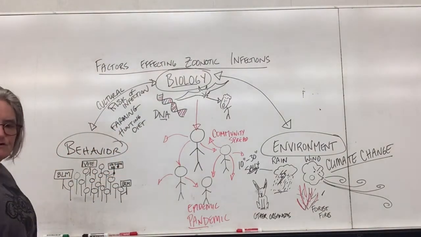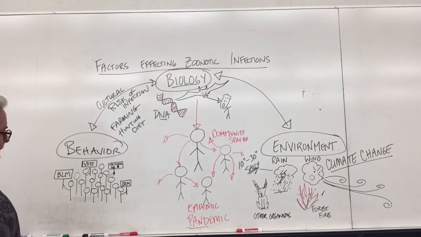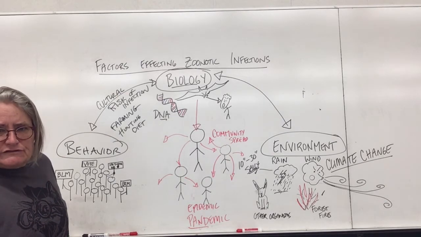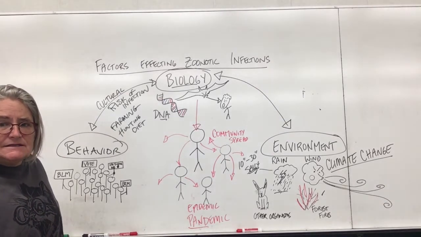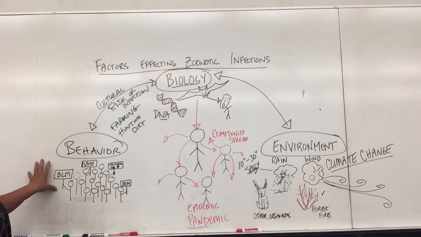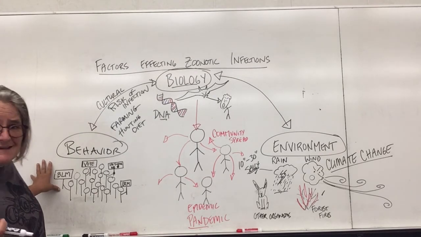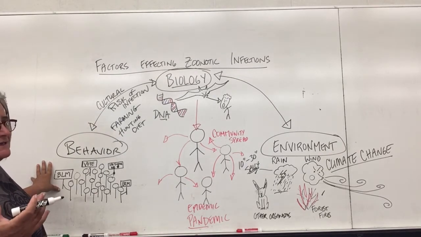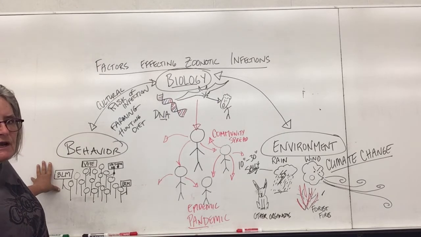Some other behaviors that we've seen over the summer, beginning back at the end of May, the murder of George Floyd. You may have participated in some rallies or some marches or some protests. I did, and I came in contact a little closer to large groups than I was comfortable with.